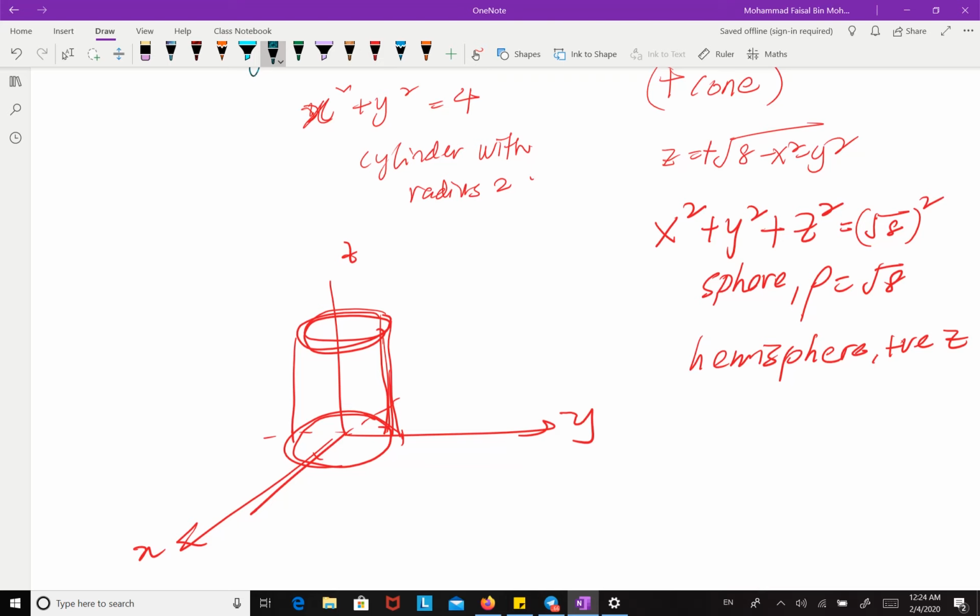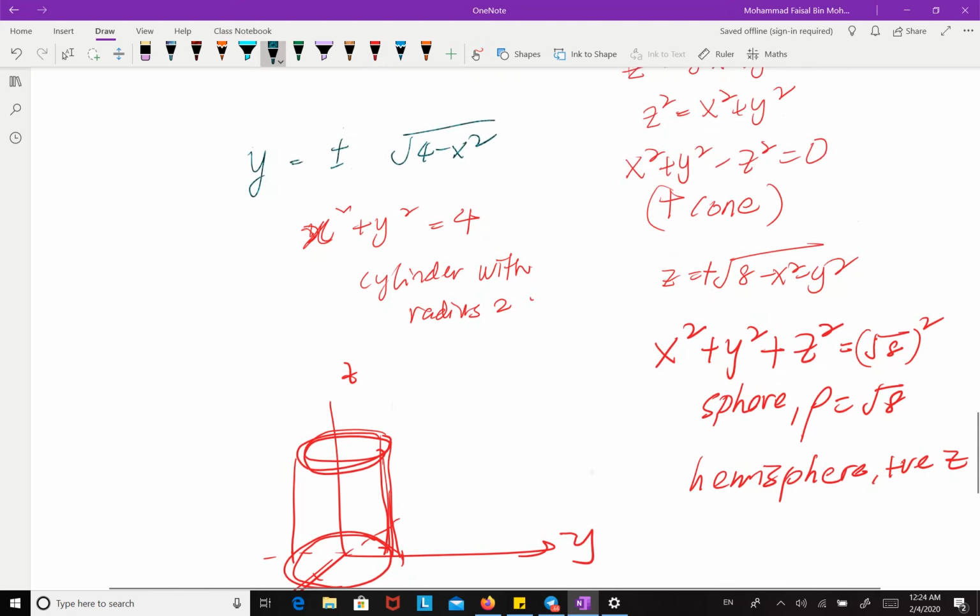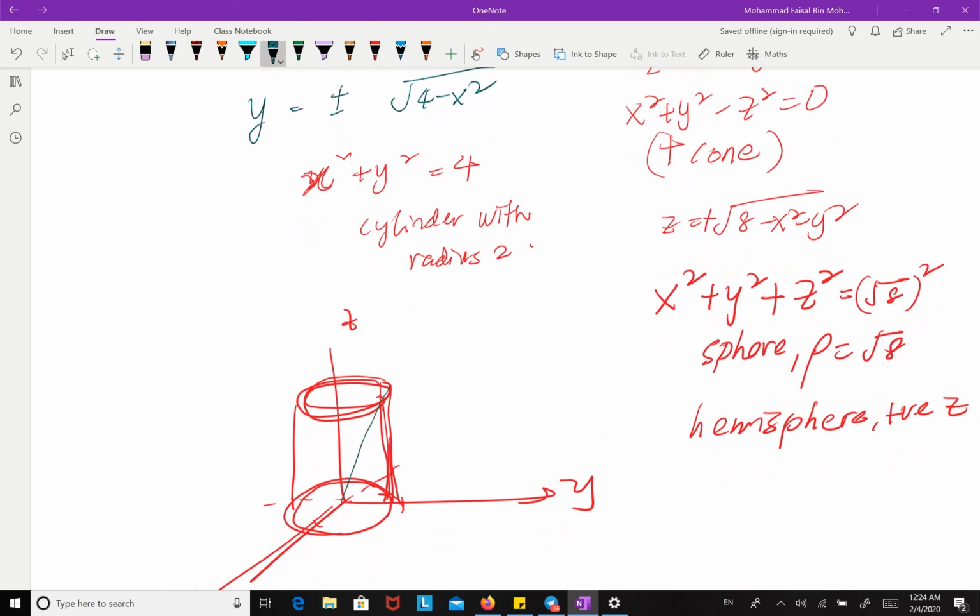Then we have the cone. Then we have a hemisphere with radius square root of 8.